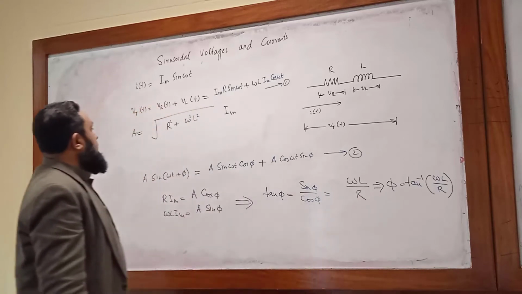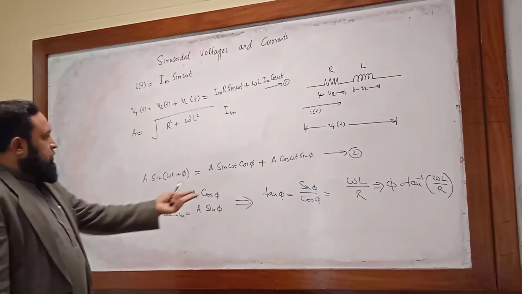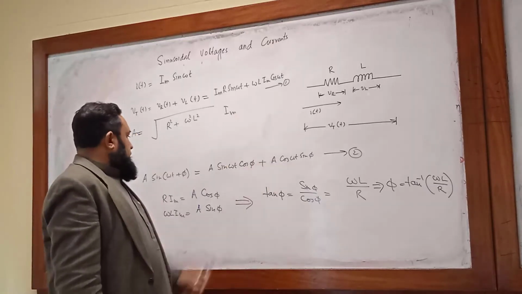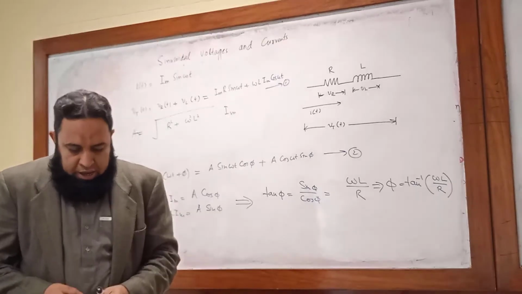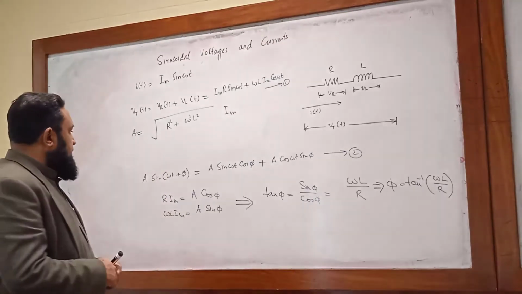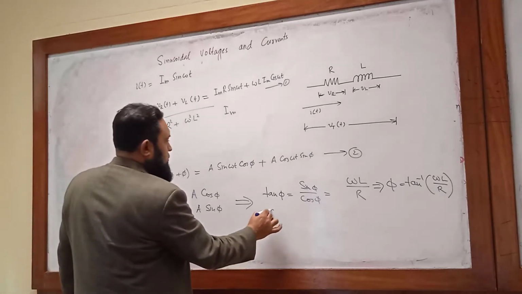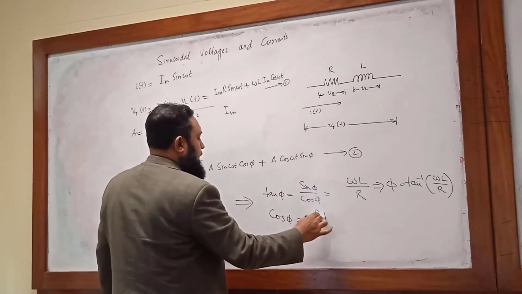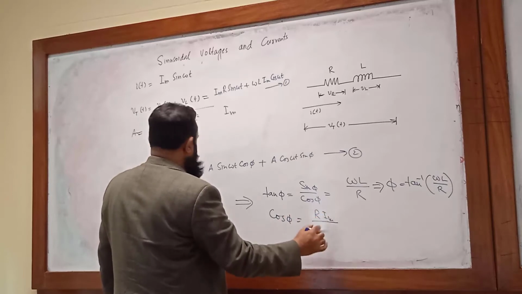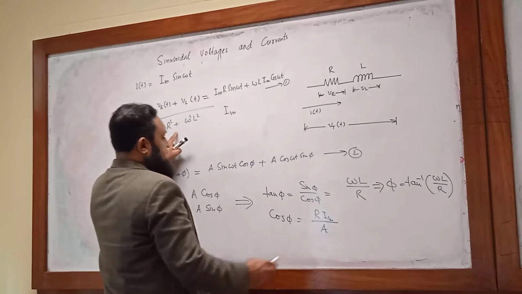Then you can easily substitute these values. So the cosine of phi is equal to R Im by A, where A is nothing but this expression.